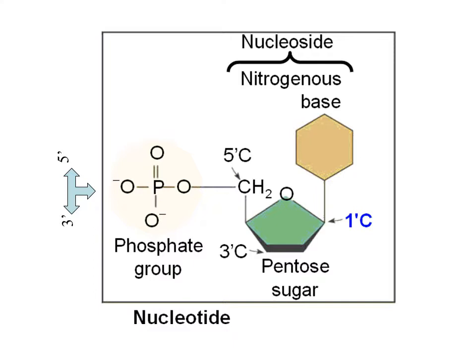If we rotate this 180 degrees, then the 5 would be facing towards the bottom of the screen, and the 3 would be facing the top of the screen. So that's all we're saying when we say one direction is 3 to 5 and the other direction is 5 to 3.